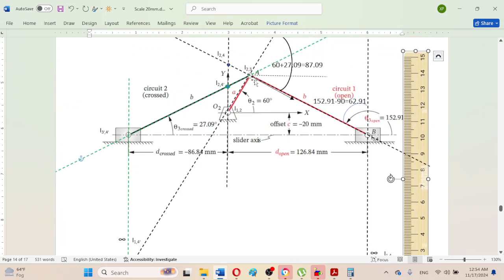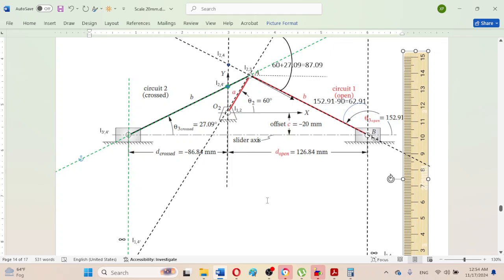So this velocity V A is perpendicular on this radius and it is trying to rotate it in this direction. So this direction is actually clockwise.